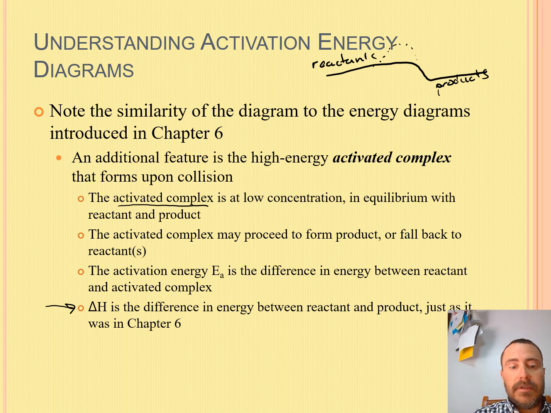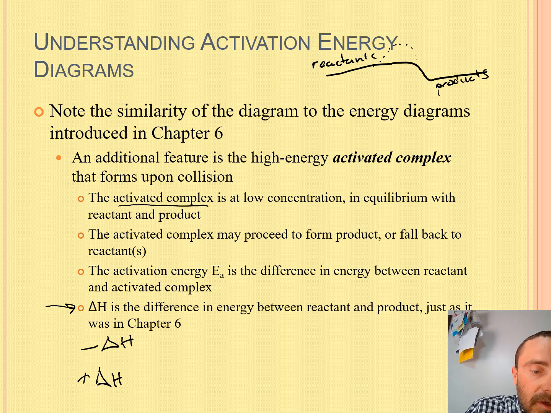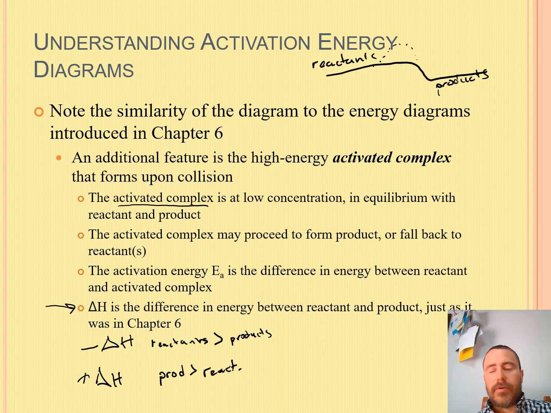But it's still, remember, negative delta H, positive delta H. Negative is where the reactants have higher energy than the products, and positive is where the products have higher energy than our reactants.